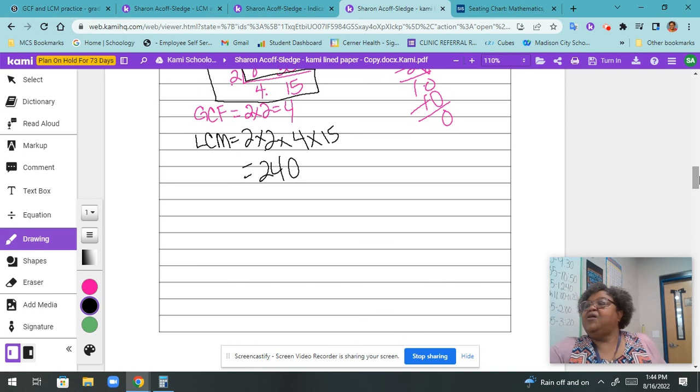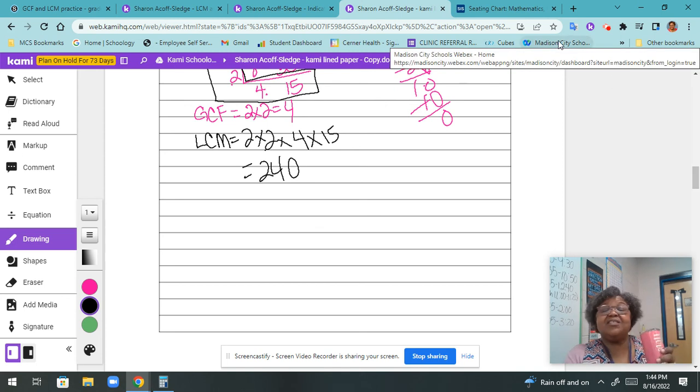All right, you're going to make up your own problems. Make up a problem with your group and work it. And then we're going to work them together. So I'm going to give you about 2 minutes to do that. All you got to do is think of two numbers and then find the GCF and LCM. Y'all talk to each other.